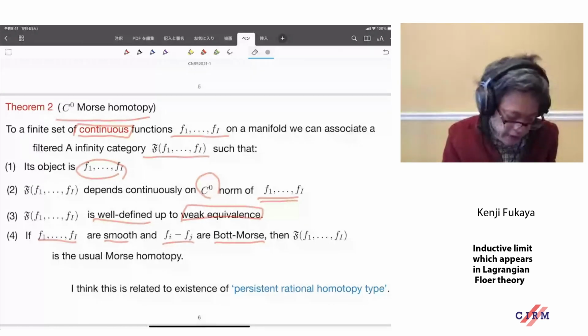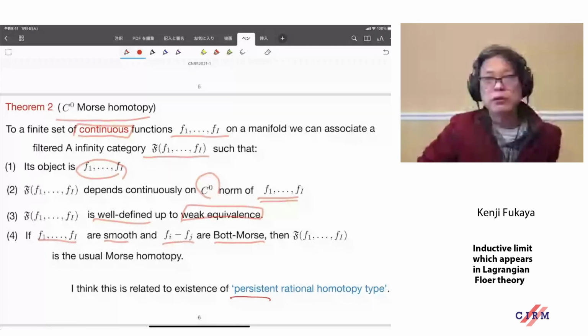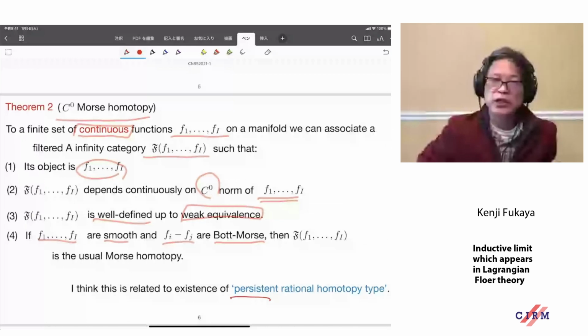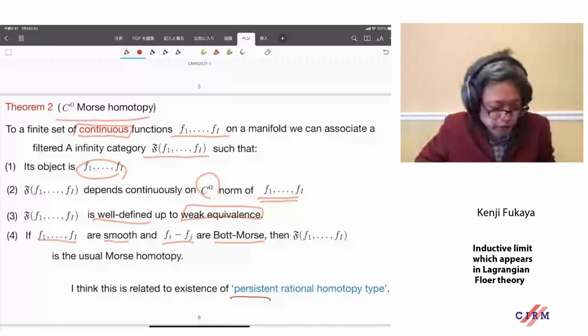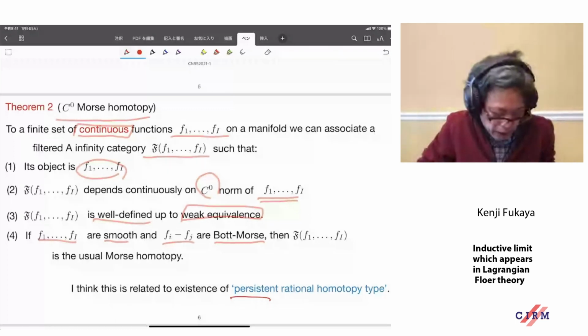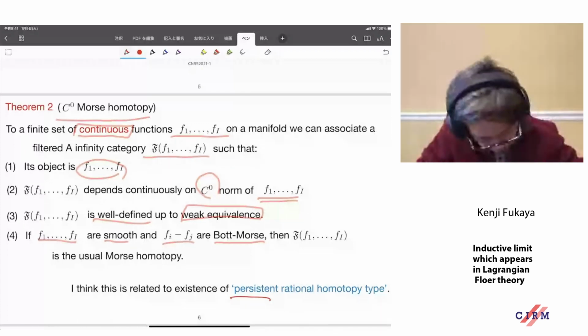And I think the fact that persistent homology depends continuously on the C0 norm of the function is known in the study of persistent homology. But we can include the product structure, that is, the infinity structures. So that is the second theorem.